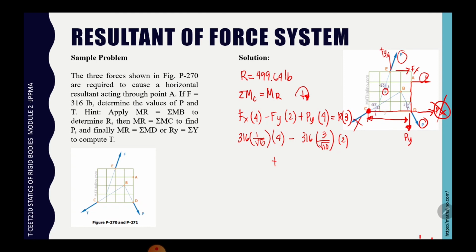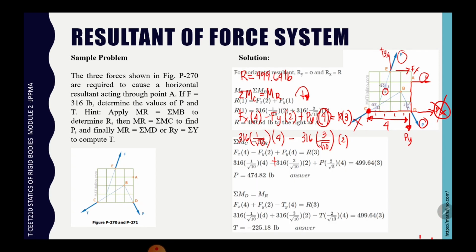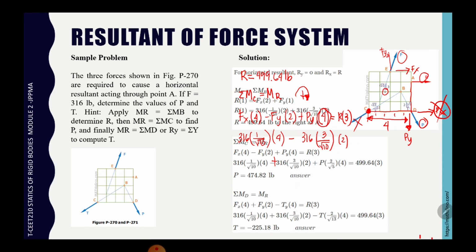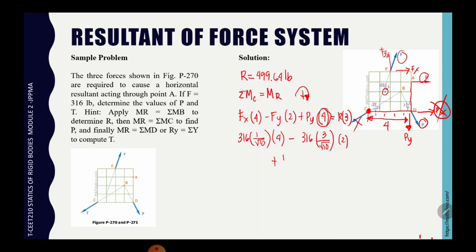So 1 2 3 4 yung distance na. Kaya naging 4 to yung Py times 4. So plus si Py ay ayan, si Py ay unknown.